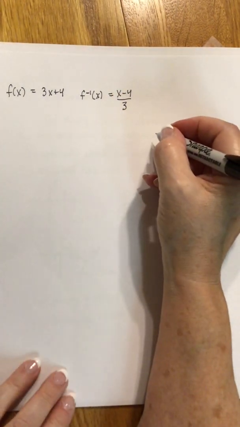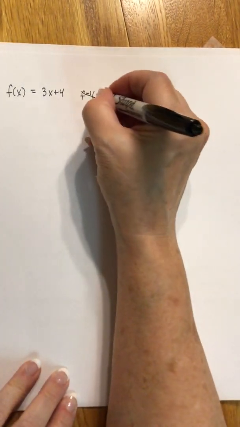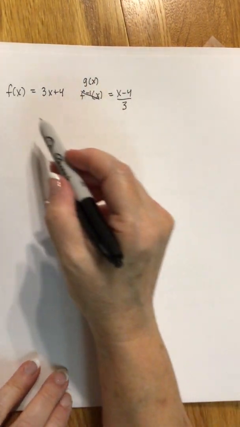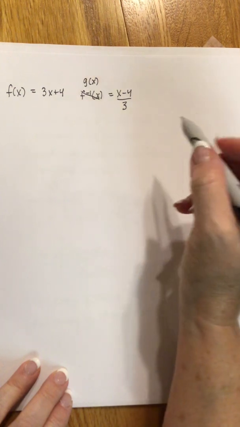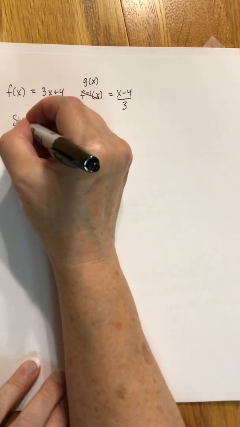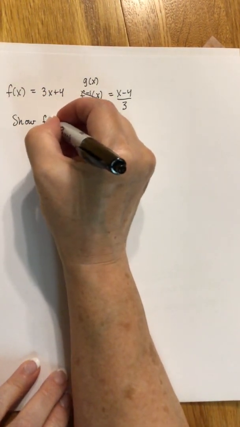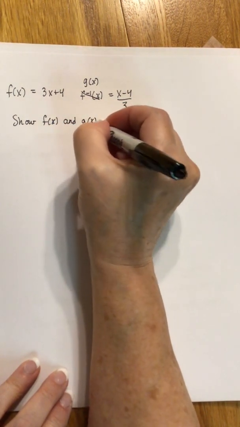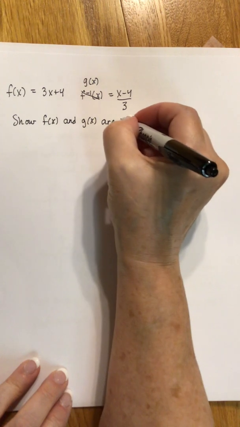Now, what I'm going to do first, though, is I'm going to rename this as g of x. So we're trying to show that f of x and g of x are inverses of each other.